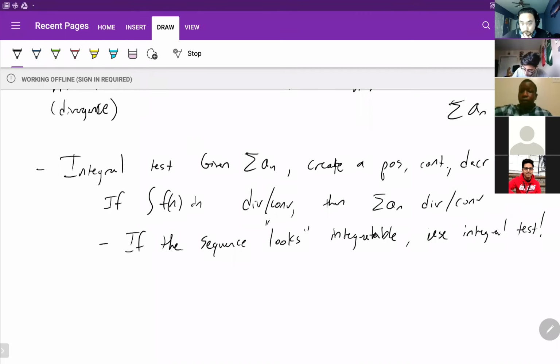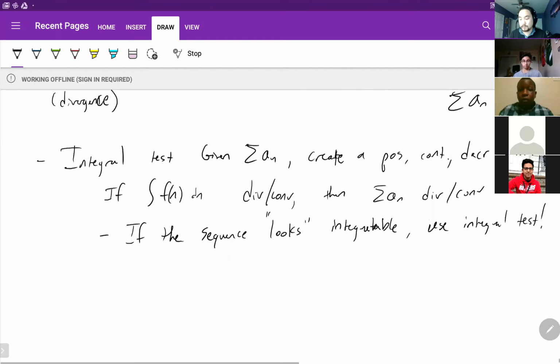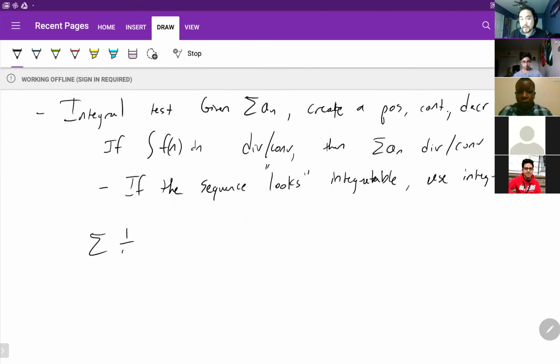So if it looks like you can use u-sub on it, or integration by parts, or partial fractions, or one of the other integration methods that you've learned, chances are it's probably an integral test. But then again, if it looks like this, you wouldn't use the integral test. You could, but there's a much faster test for you to use, right?